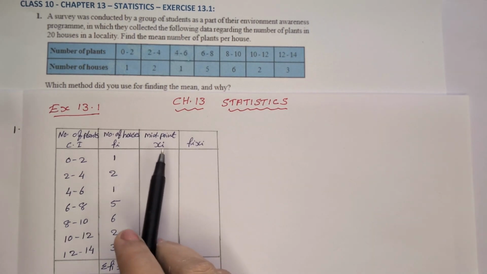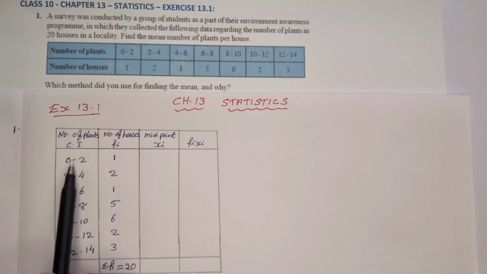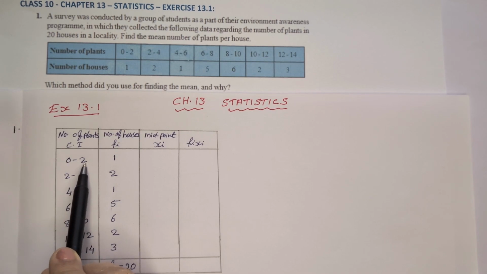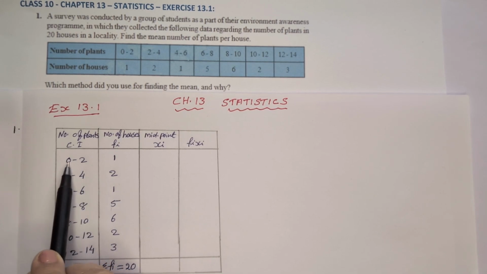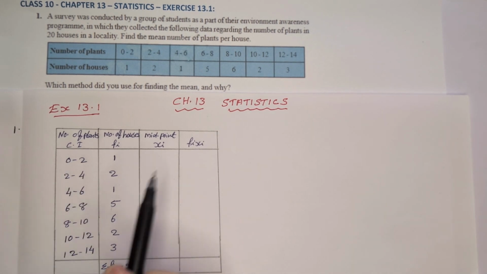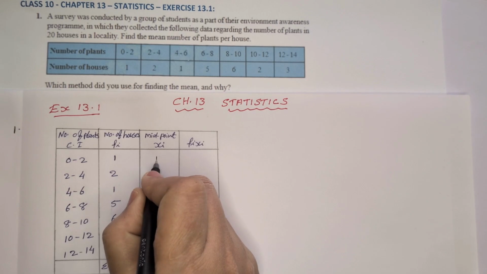Now next column, midpoint xi, the midpoint of the class interval. To find the midpoint, first add the upper limit and lower limit and divide by 2. Lower limit is the first number, upper limit is the second number. Adding 0 plus 2, 2, divided by 2, or take the average of lower limit and upper limit, so here we get 1.